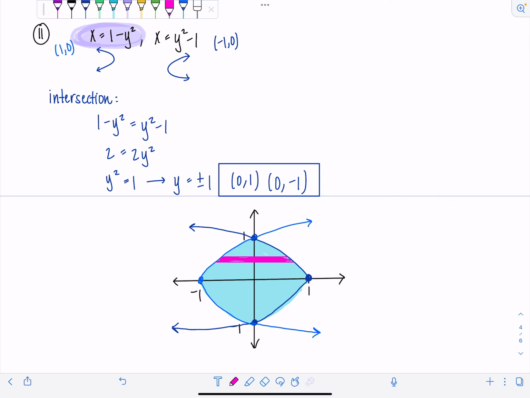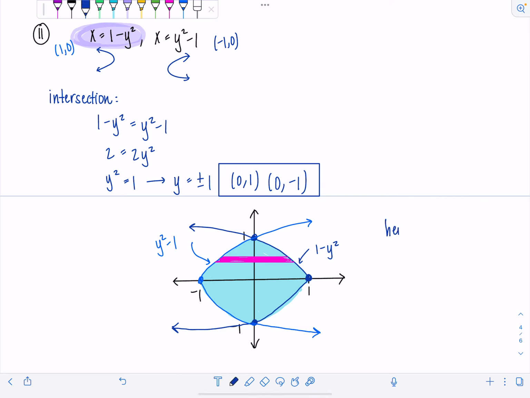Which curve is always on the right? This one, opening in the negative direction. That's 1 minus y squared. Which one's always on the left? This one, y squared minus 1. So you see how the region's bounded on the right by 1 minus y squared, bounded on the left by y squared minus 1. Beautiful.